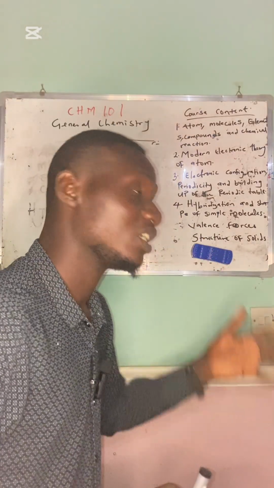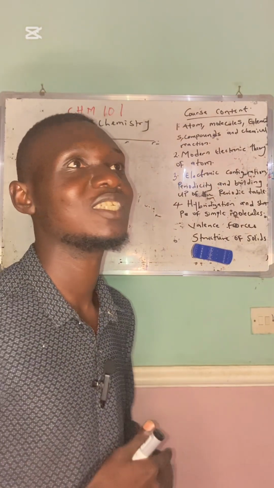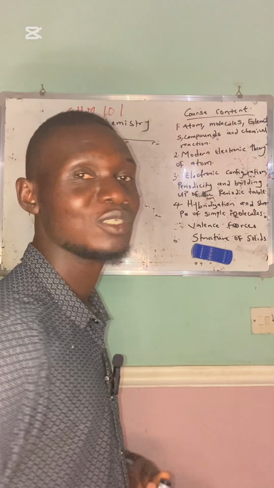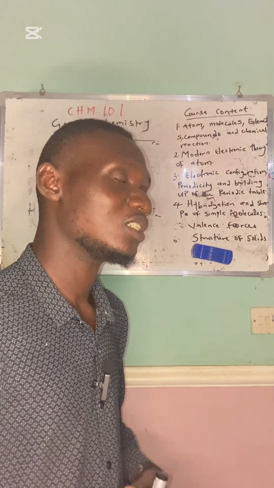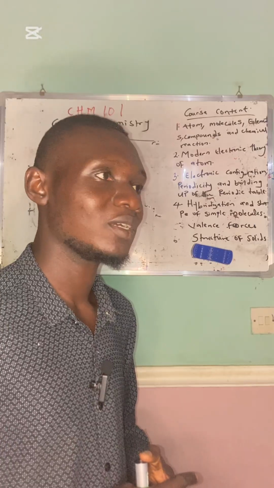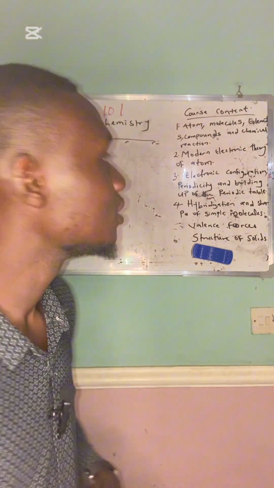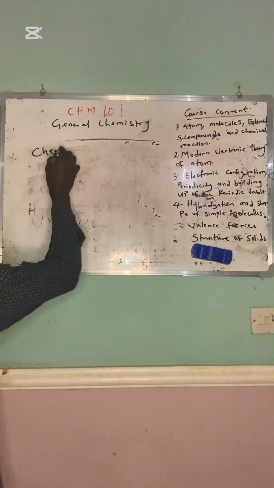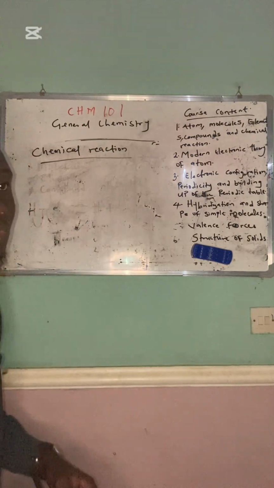Gradually, in the course, we'll be discussing extensively what this whole content is about, with examples and a lot of other useful information that inform this content. So, a chemical reaction.